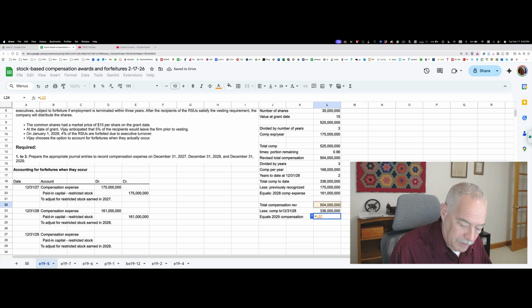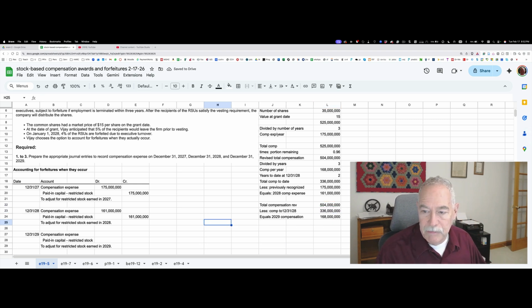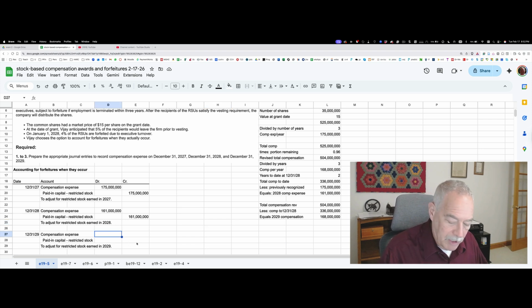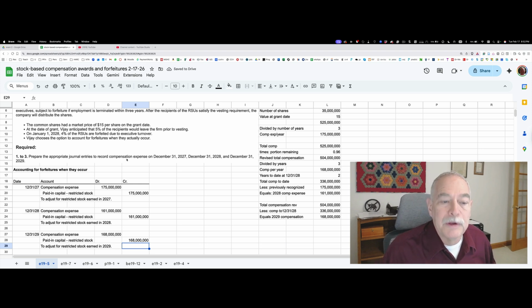So it's going to be equal to this 168 million, which is the compensation per year that we estimated. And there you have the appropriate journal entries to record compensation expense for 27, 28, and 29.